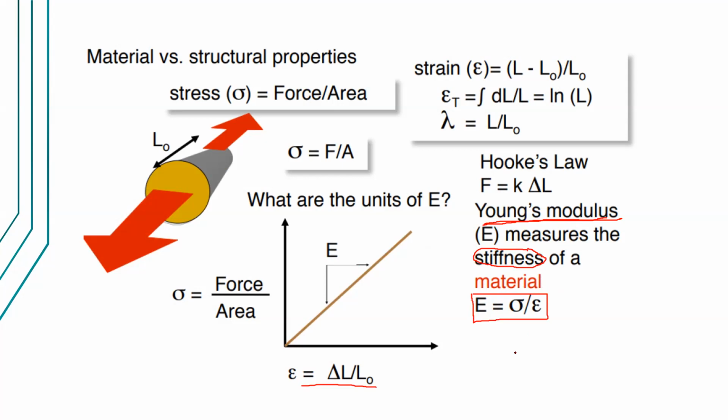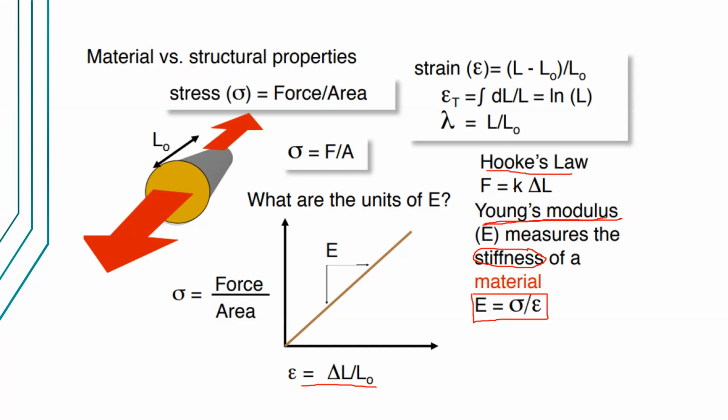Young's modulus is the slope of this line, if the material follows Hooke's law. In physics, Hooke's law is expressed as force being proportional to the deformation, and k, the constant of proportionality, is sometimes called the spring constant.